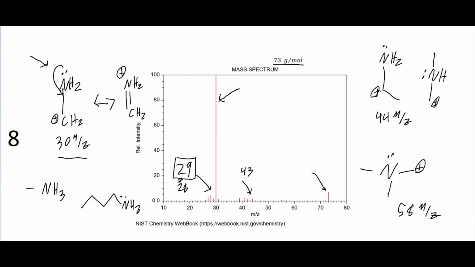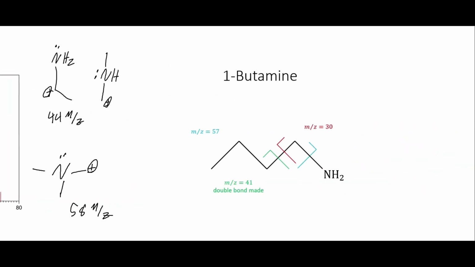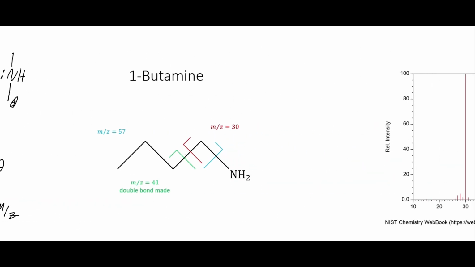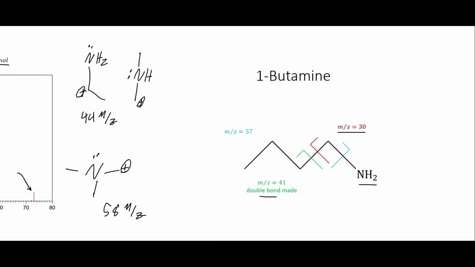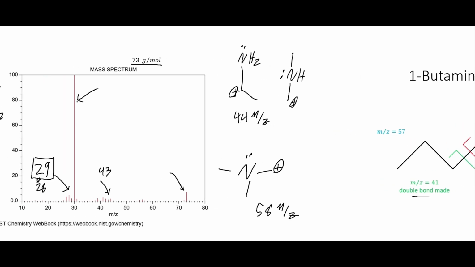And in fact, if we look over here, that is exactly what we have, where this fragment here, where the red is, is our m/z of 30. And so we can get the one here at 41 if we break off that propyl group and then form a double bond, which can happen if our nitrogen takes a hydrogen off of it in a sort of elimination reaction.